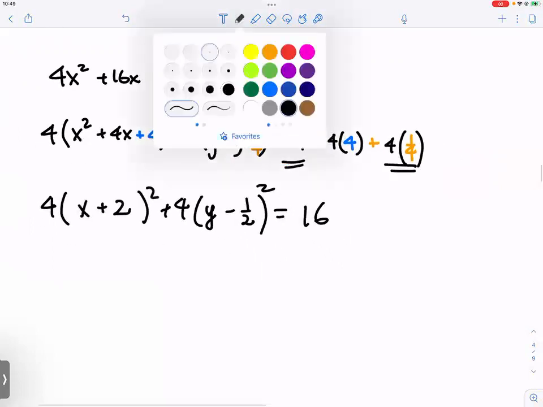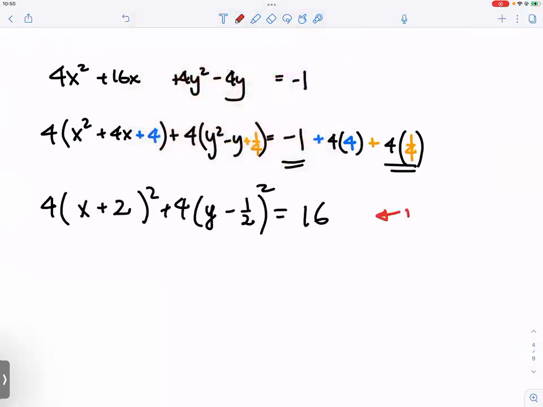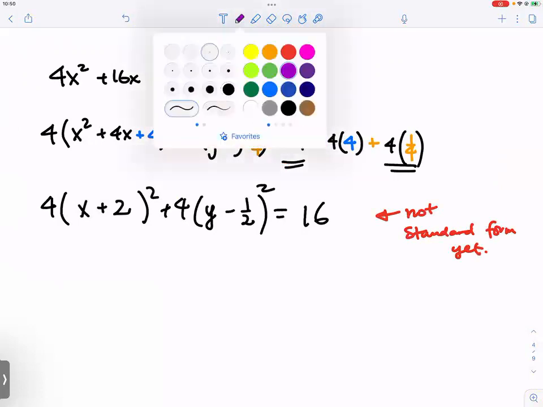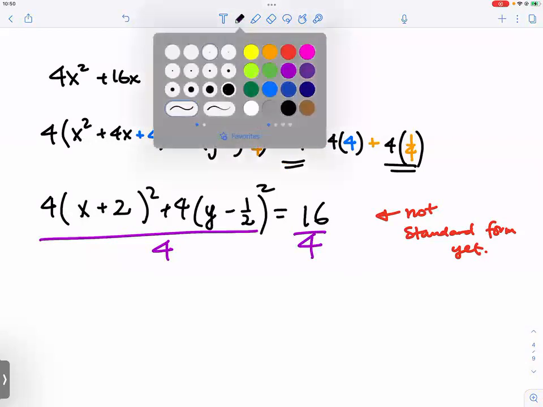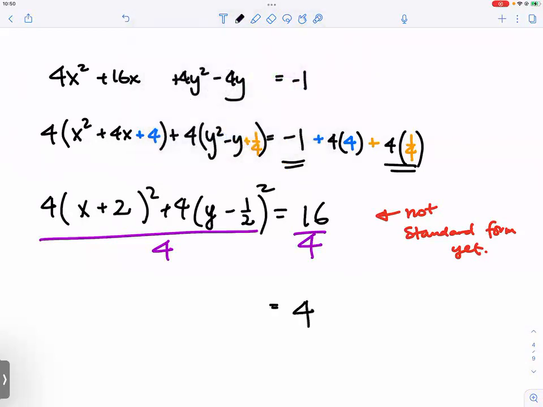Now, if you can annotate, I will annotate something right here. This is not standard form yet, okay? Because you need to divide both sides by 4. So ultimately, you would have (x plus 2) squared plus (y minus 1/2) squared equal to 4.